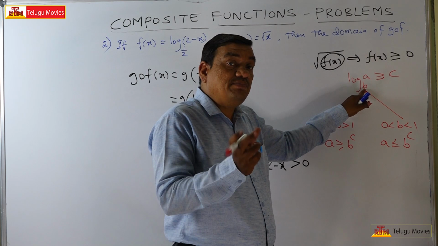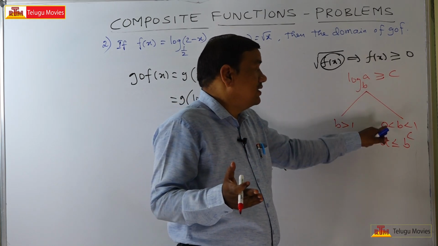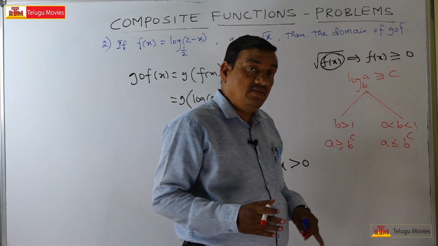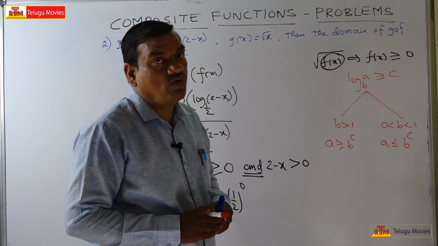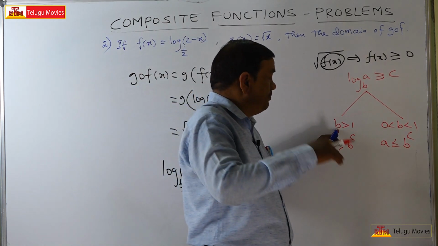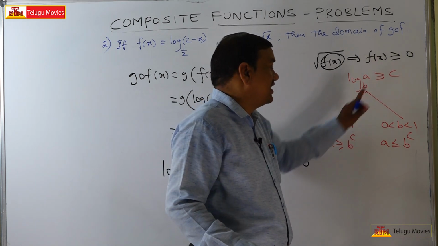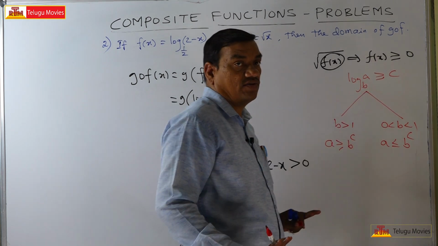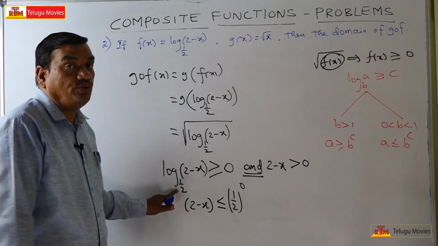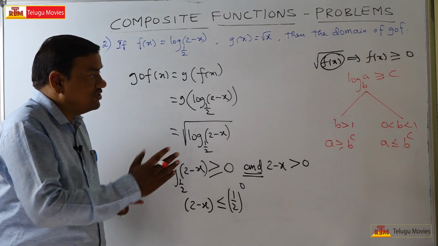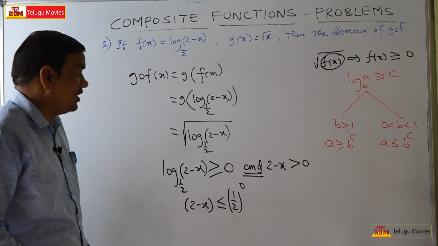If b is greater than 1, the inequality stays as it is. Understand this? Here in place of b, 1 by 2 is there. That's why it lies between 0 and 1, so the inequality will change.